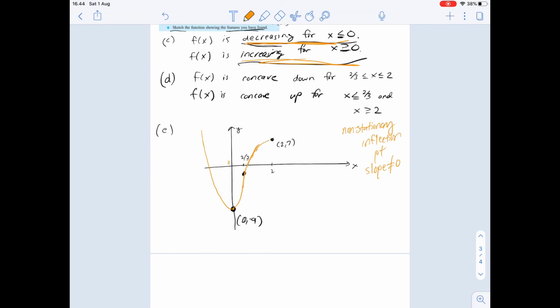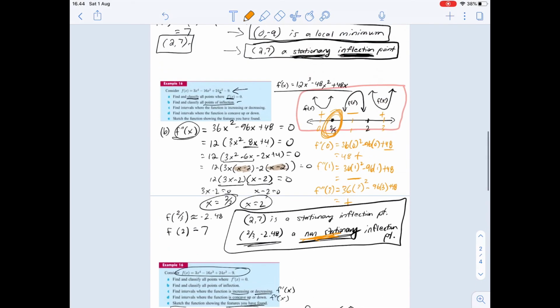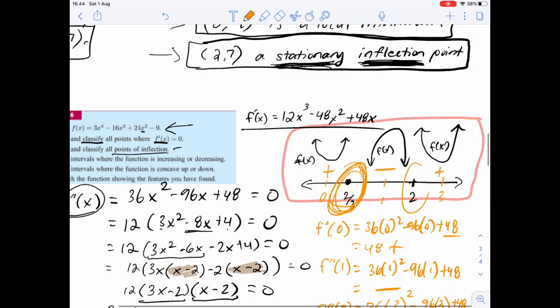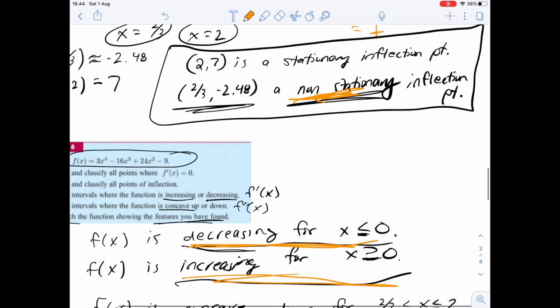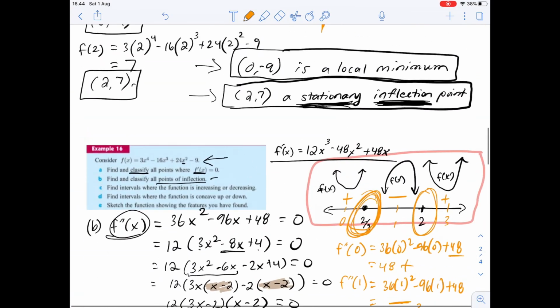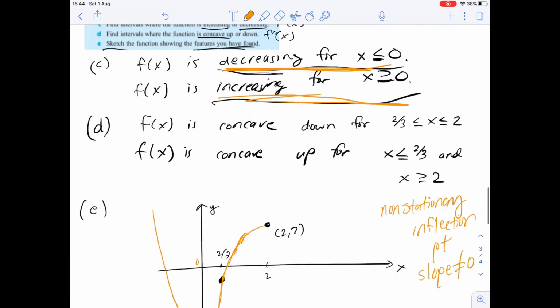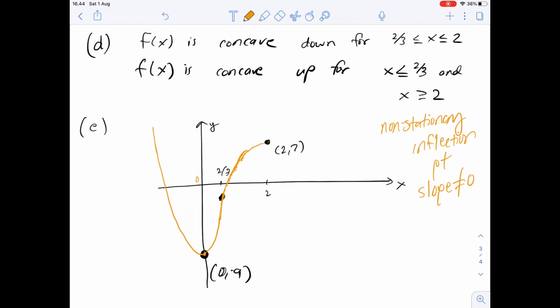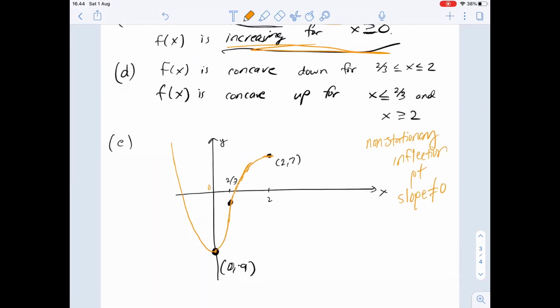Now at (2, 7), we know that it also changes concavity, because right here it changes to concave up. And we said that (2, 7) is a stationary inflection point. At a stationary inflection point, the slope is equal to 0. So that means it gets about horizontal right here.